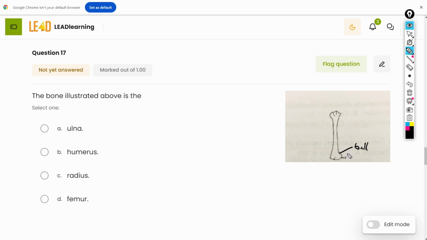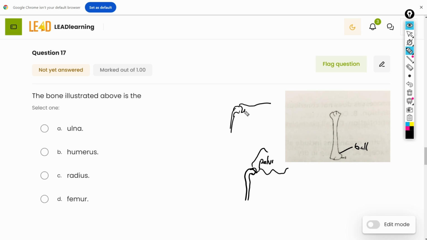A ball and socket joint is found in two main parts of the body. One of them is found at the shoulder, where the shoulder blade connects to the head of the humerus. The other one is found at the pelvis or hip, where the head of the femur fits into the acetabulum of the pelvis.